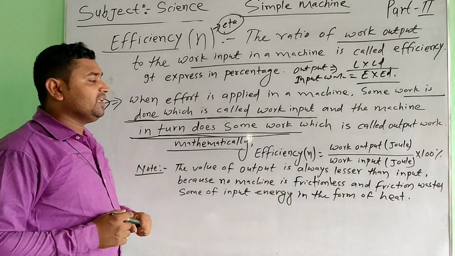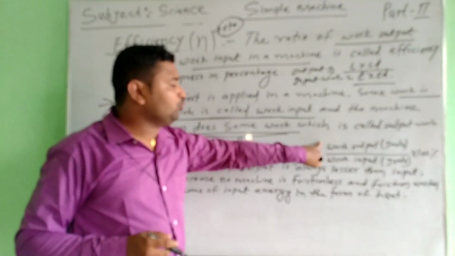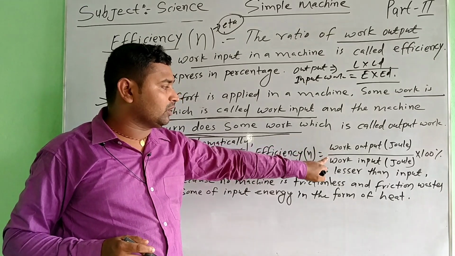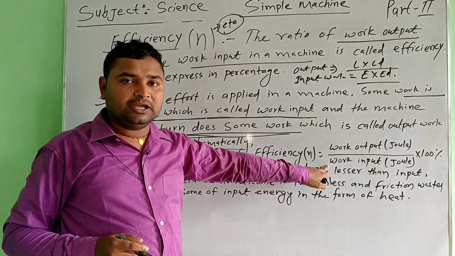So mathematically, efficiency is the ratio of output work to the work input.